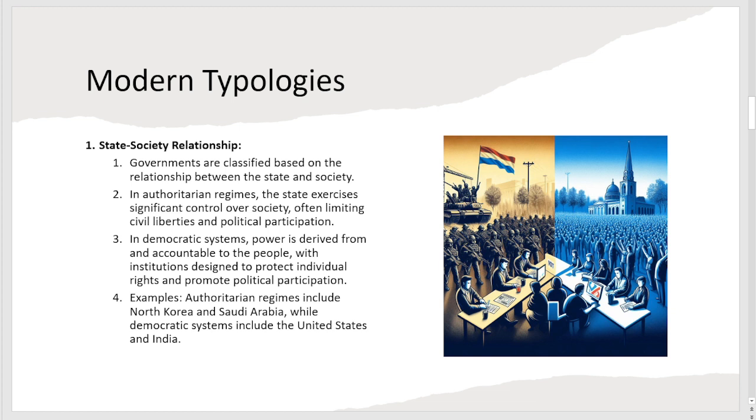The modern governments that we have can be classified into these three typologies. Now remember, coming from Aristotle's classification, there are two dimensions: those who rule and those who benefit. The rule that tends to benefit the common interest of all tends to be genuine, and the rule that does not benefit the common interest of all tends to be perverted.